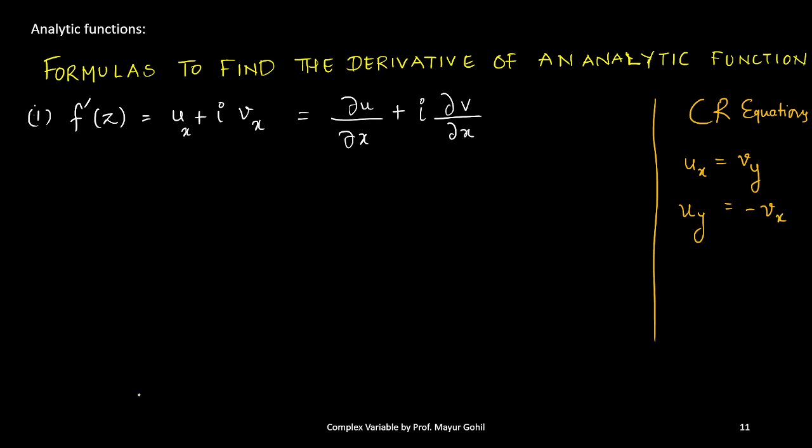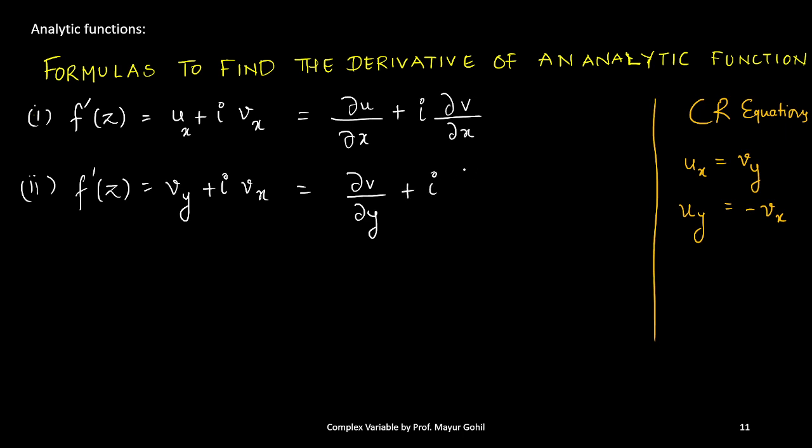So from these we derive more formulas. The formula for f dash of z changes, as ux becomes vy, to vy plus i times vx. So we get a new formula, that is dabba v by dabba y plus i times dabba v by dabba x.